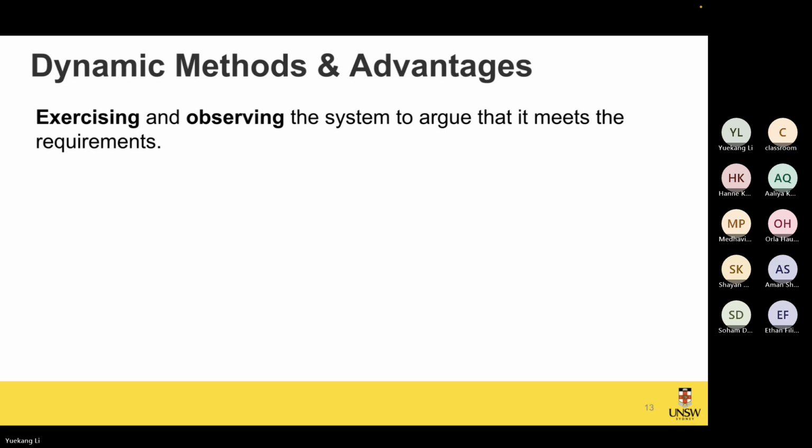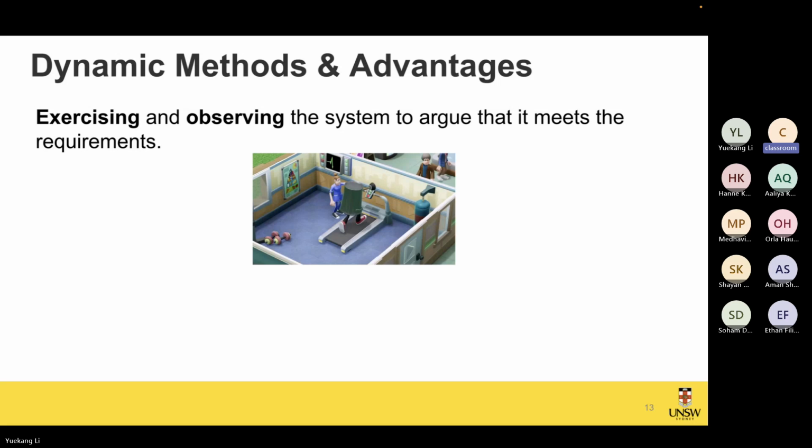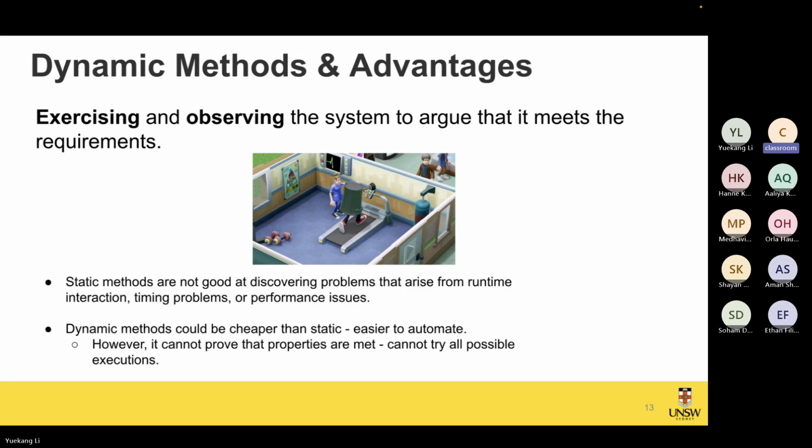So considering the hospital example, we are actually asking the patient to do something and then observe how the patient performs when he or she is doing the task, right? So these are the advantages of dynamic methods compared to static methods.